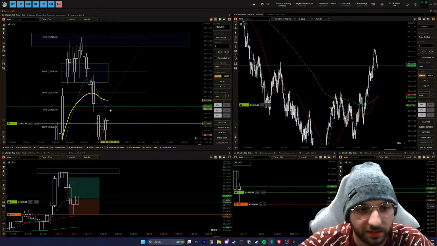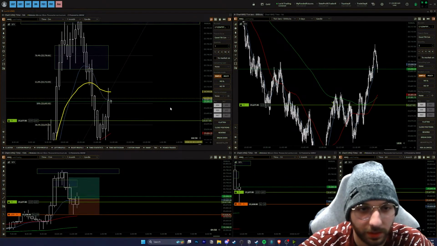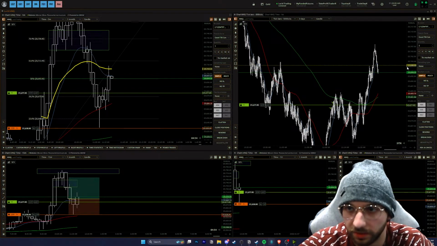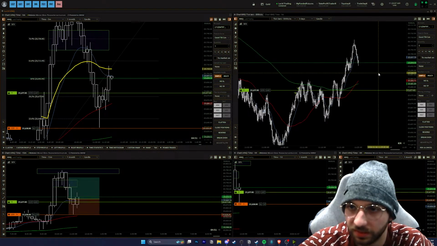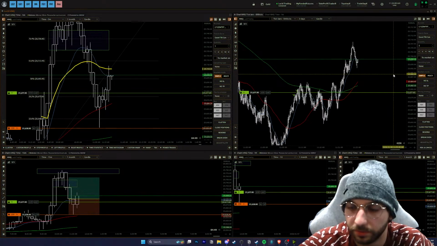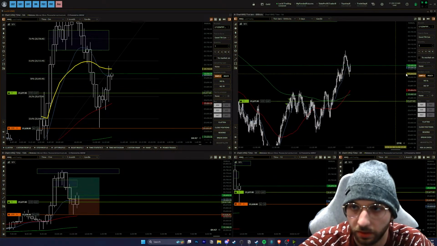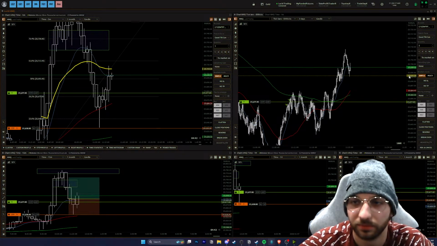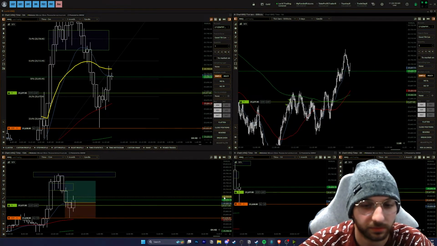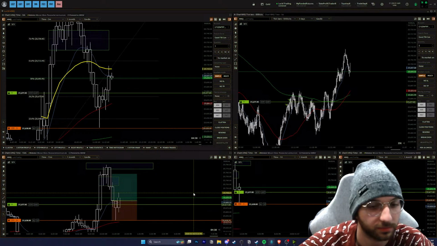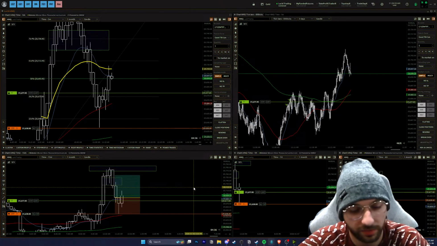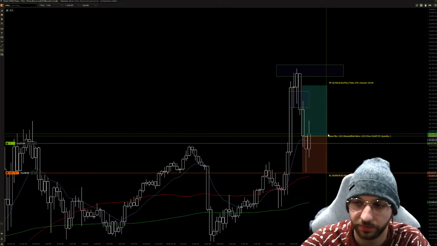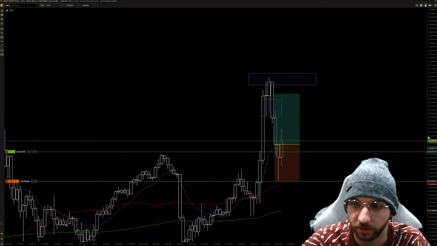Alright, 2 seconds. Oh, damn, bruh. We closed below the 9 EMA, too. I thought I was looking fantastic. Let's see what happens here. 5 minutes before the 30-minute close. If this 15-minute closes above 90s, that is beautiful.